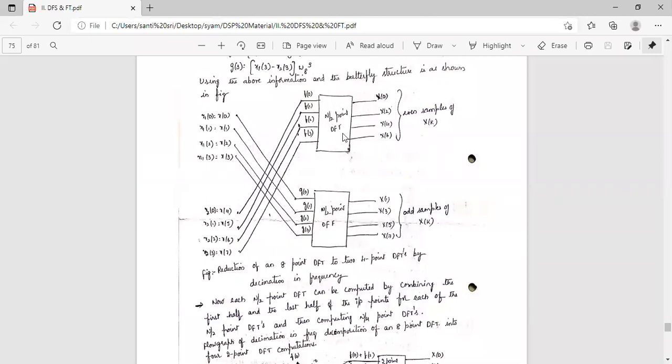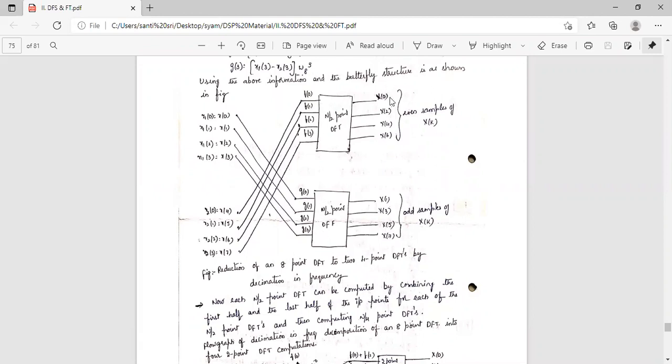It goes to stage 2, that is two 4-point DFTs. 4-point means N by 2 point; here N equal to 8. So this is a 4-point DFT and a 4-point DFT. This is f of 0, f of 1, f of 2, f of 3, and this is g of 0, g of 1, g of 2, g of 3.